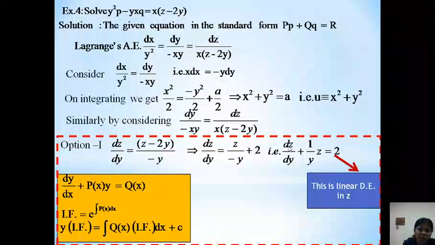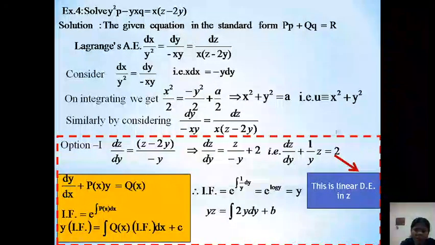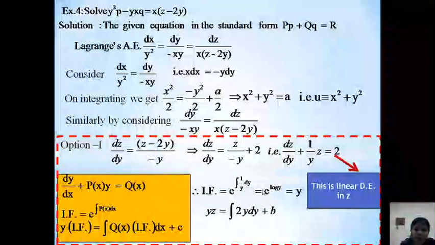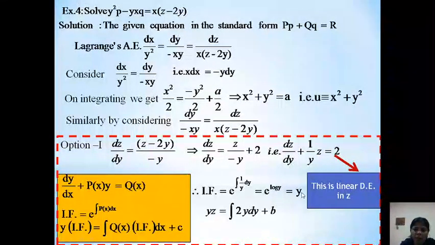Apply this over here. See here, the dependent variable is z, the independent variable is y. So we need to find the integrating factor. p of y over here is 1 by y. So it is e raised to the power integration of p of y, integration with respect to y. So it is e raised to the power log y. E and log will get cancelled. What we have is y.